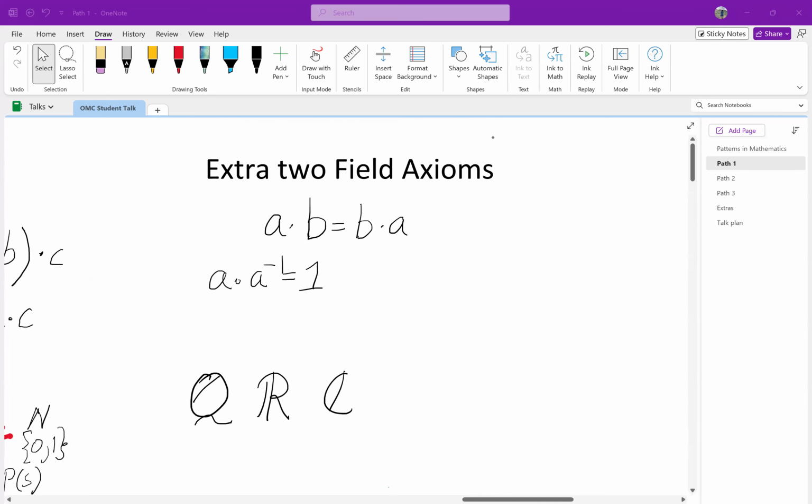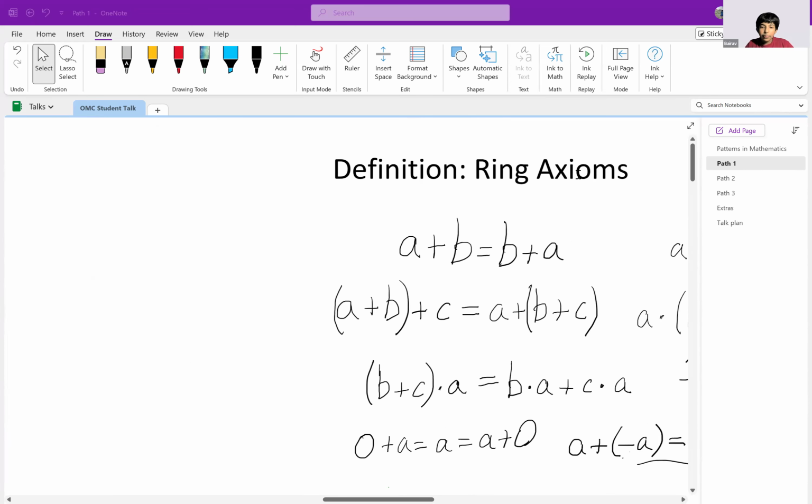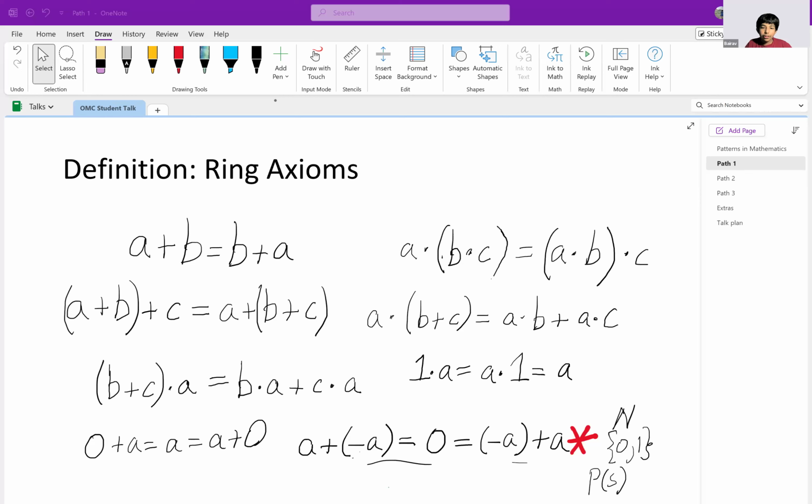Wait, so what are the ring axioms for? For most of our cases, it will be a ring. So integers are a ring because most of these properties hold. Most of them hold wherever we can call it addition and multiplication, but sometimes additive inverse doesn't hold.